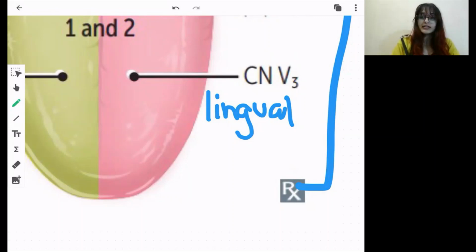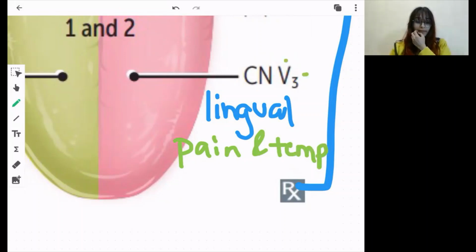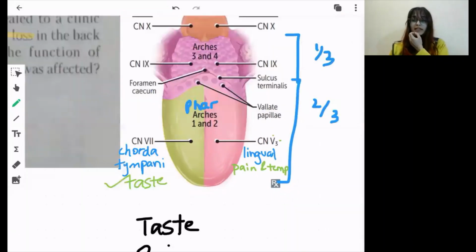So again, the pain and temperature or any other sensation is by the lingual nerve of the mandibular branch of the trigeminal nerve. Okay. So this was about the anterior 2/3.